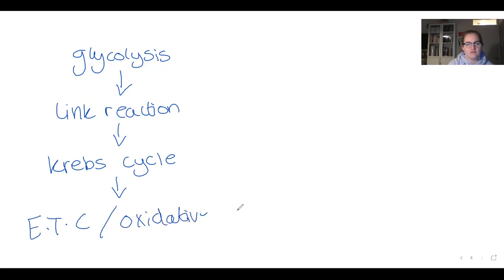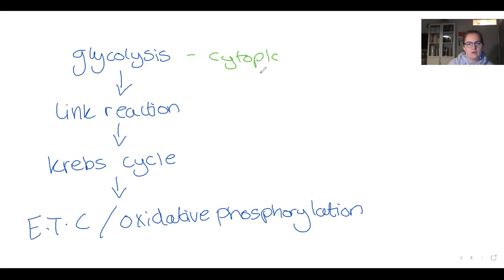Exactly the same process, just 2 different names. Glycolysis happens in the cytoplasm of the cell. The link reaction happens in the matrix of the mitochondria. So they are the 2 that we have done so far.